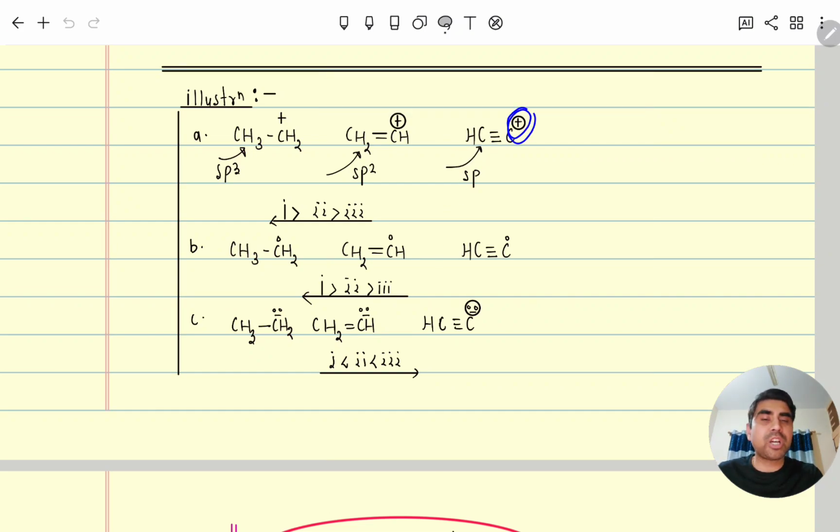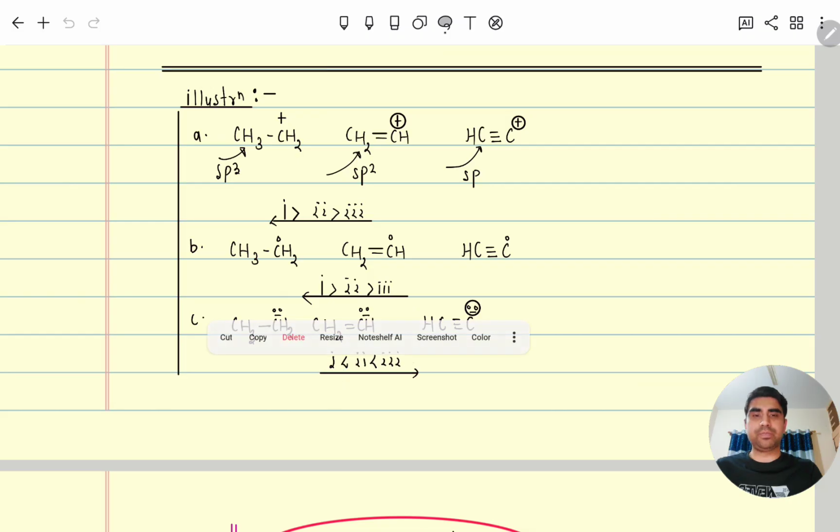So here positive charge will increase, so this is less stable. So which one is more stable? 1, then 2, then 3. Similarly for free radical. Whereas in carbanion, this is more withdrawing because the percentage of s character is 50%, so this is relatively more stable than this.